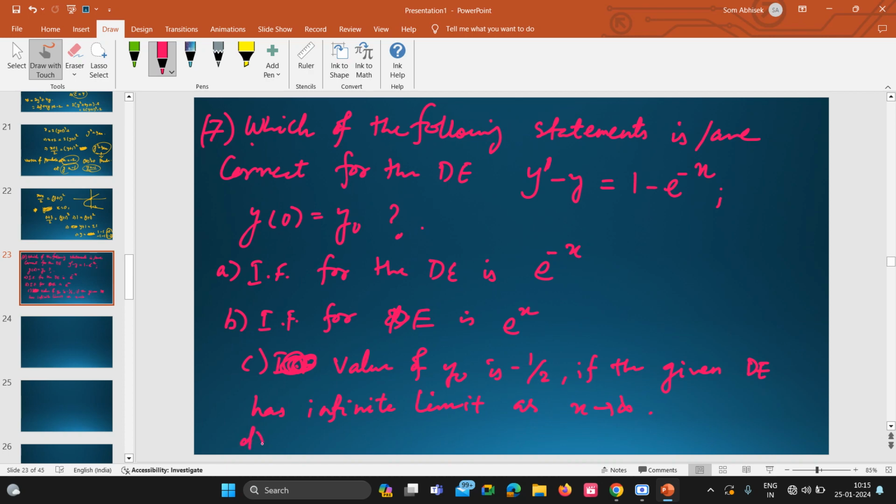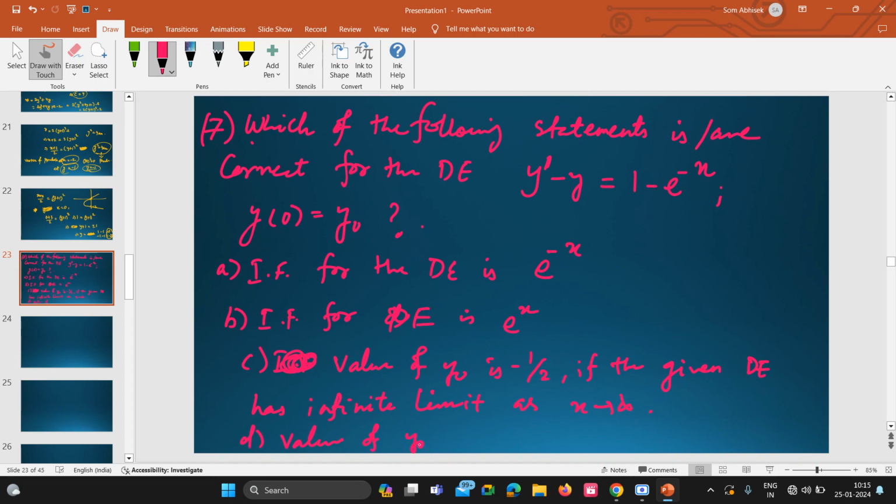Option D, value of y naught is minus 1 by 2 if the differential equation has finite limit as x tends to infinity.